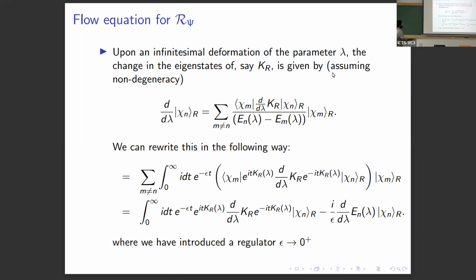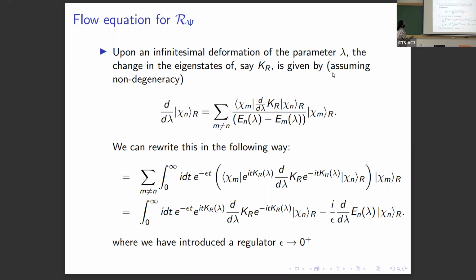The m equals n term comes with a 1 over epsilon, but of course the sum of these two does not have that term because m equals n is not included. So the divergence here cancels out the corresponding divergence in this term. The only reason to write it in this particular form is that this second term here is an overall phase.